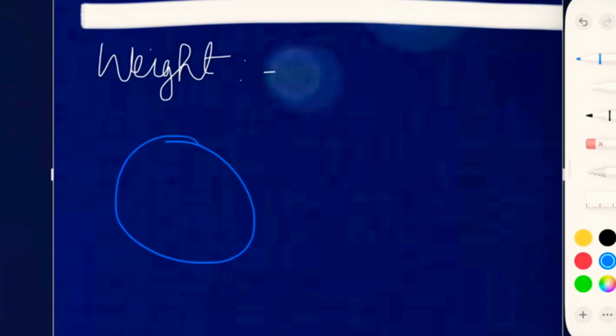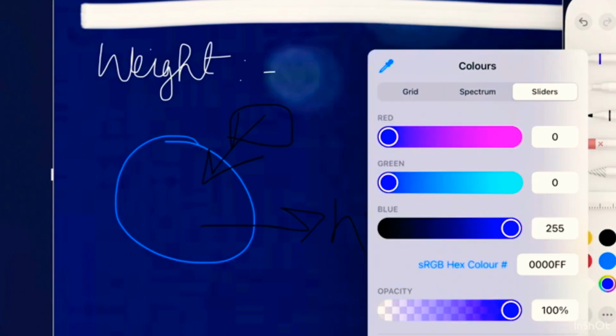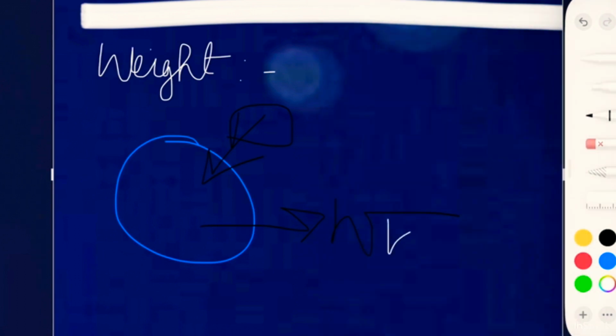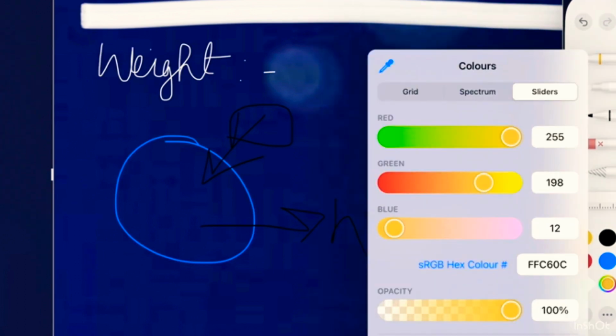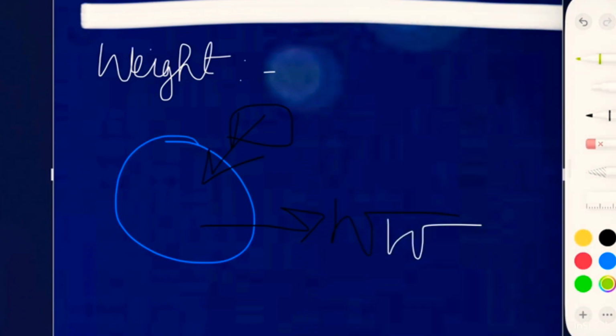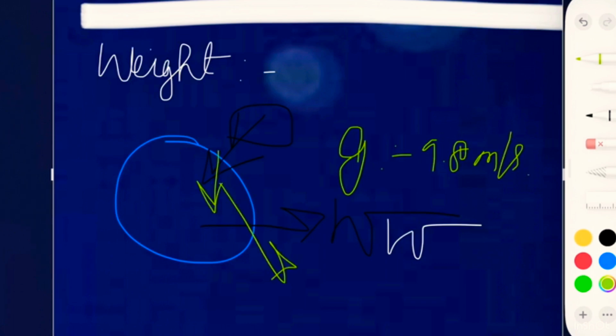So this is the earth and this is the mass, and the gravitational attraction of the earth is denoted by W. The acceleration due to gravity g is 9.8 m/s². We already know these things. It is always directed vertically downwards.